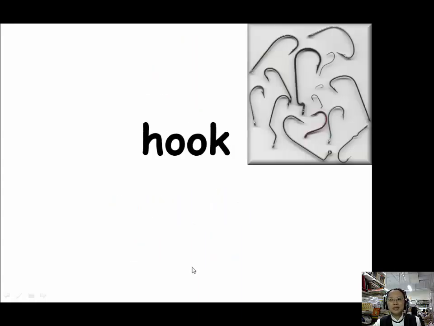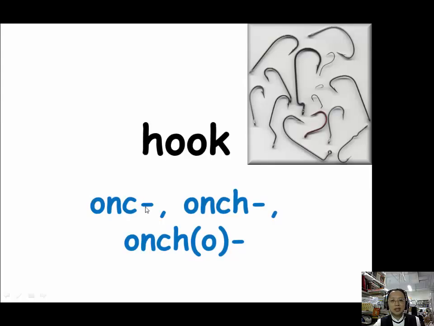For describing things that are shaped like a hook, we use three prefixes, ONC, ONCH, and ONCHO, oncho. But for ONCH, I can't find a good example for it. So we will just give examples for ONC and ONCHO.